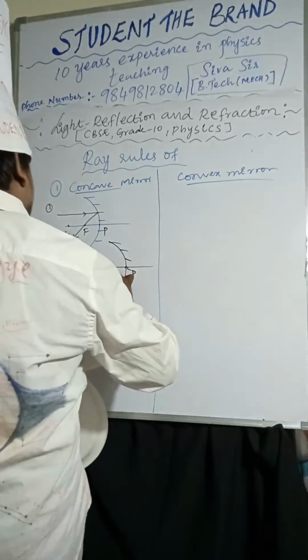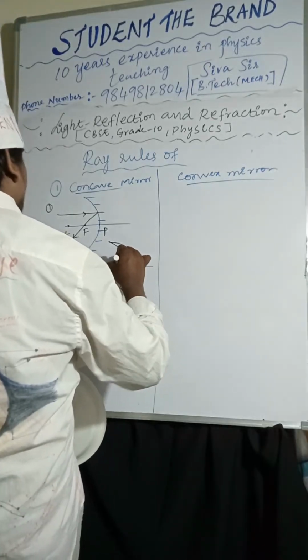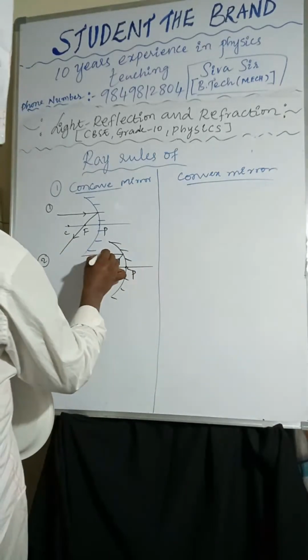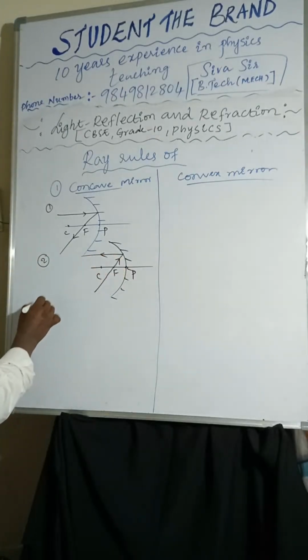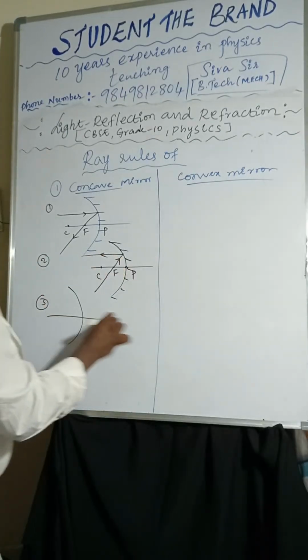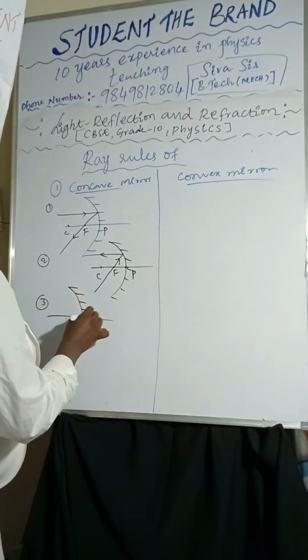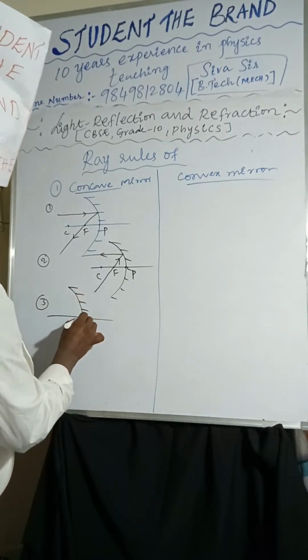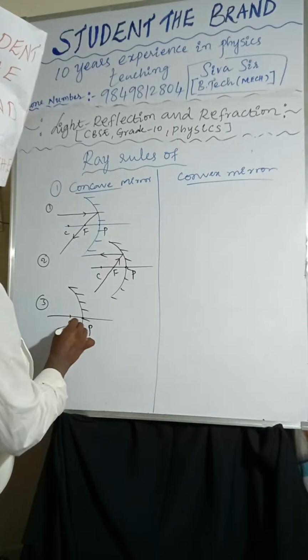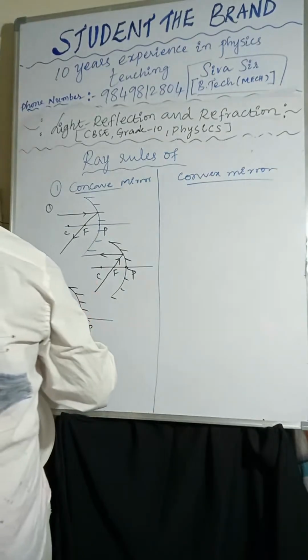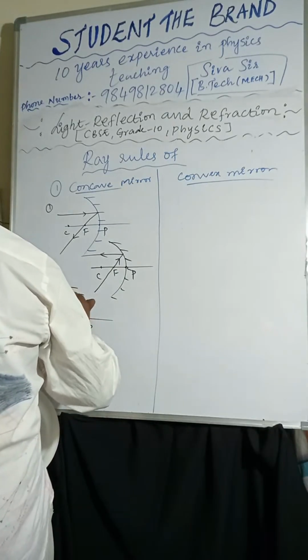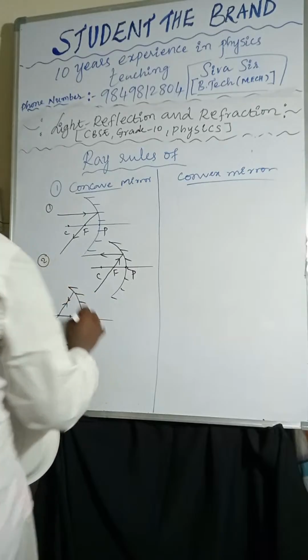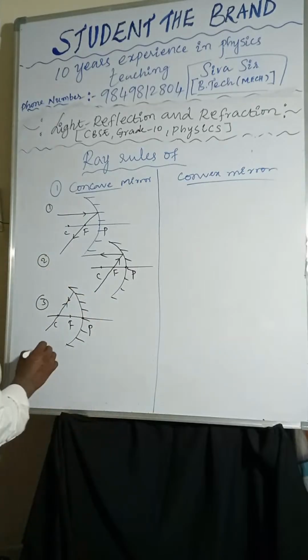If the light ray passes through the center of curvature, it retraces its original path.